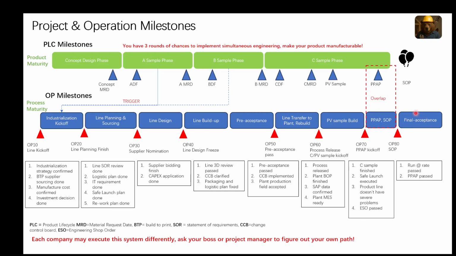Normally, the final acceptance will be started after the line works 6 months later in your product field, and the line is okay, and you do a lot of stuff like what you did in the pre-acceptance phase, and then do the final acceptance and make sure the supplier and you clarify the aftermarket service.